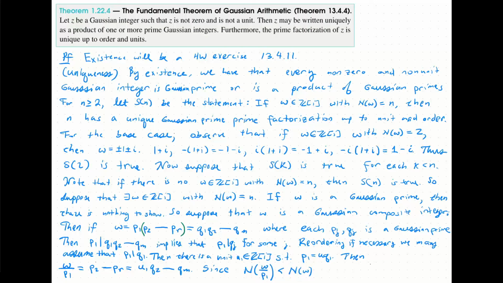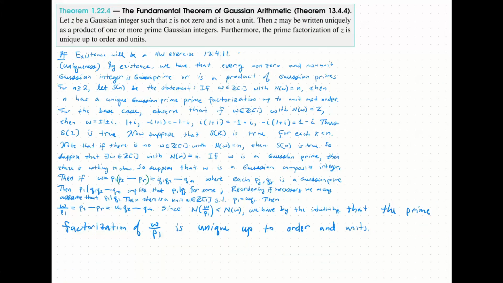And so since we have this condition, we have by the induction hypothesis that our prime factorization is unique up to order and units. And so we have that for w over p1, the prime factorization is unique up to order and units.